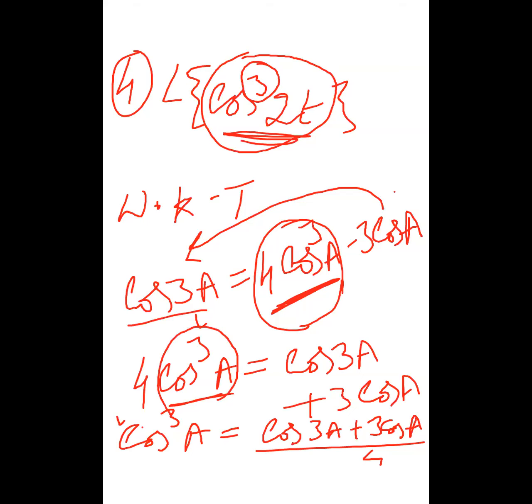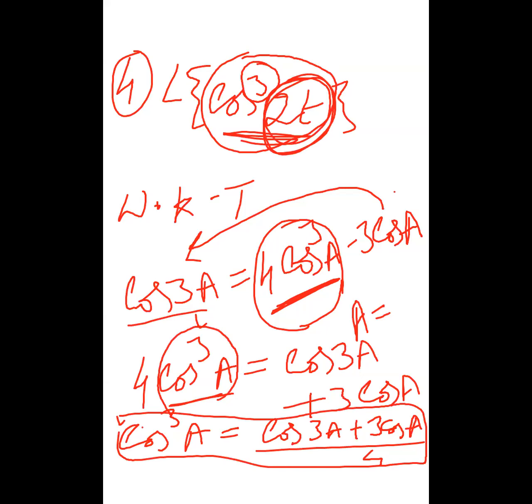Substituting this value in the given problem. Here a equals the angle of cos. In the question, the angle is 2t. So a equals 2t. So replace a equals 2t in the derived formula and substitute in the given problem.